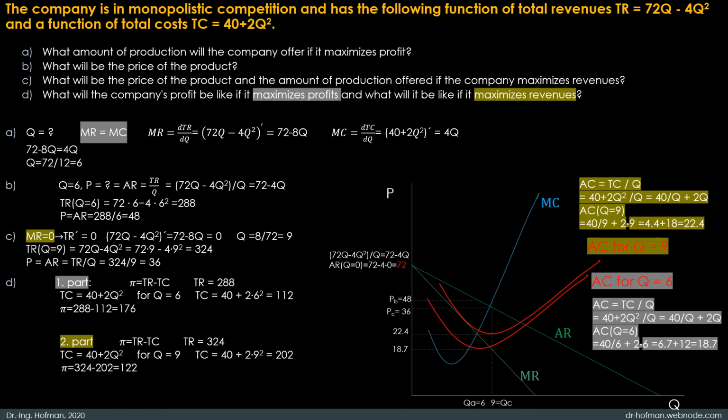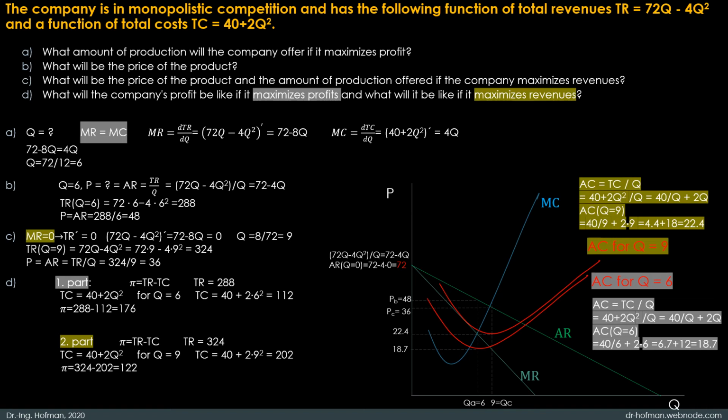For Q 6, we can say it is 40 plus 2 times 6 squared, which is 112. From here, profit equals 288 minus 112, which is 176, if the company maximizes profits.